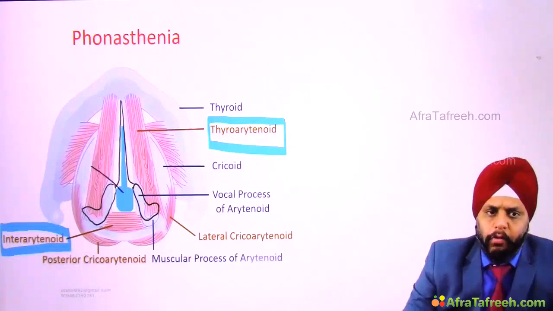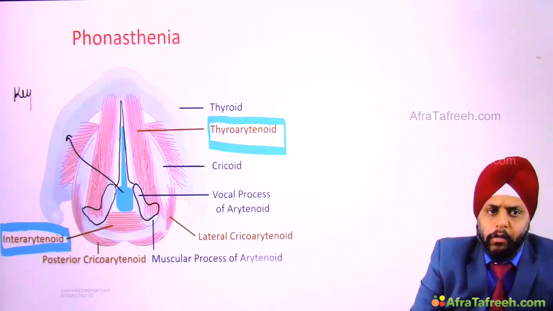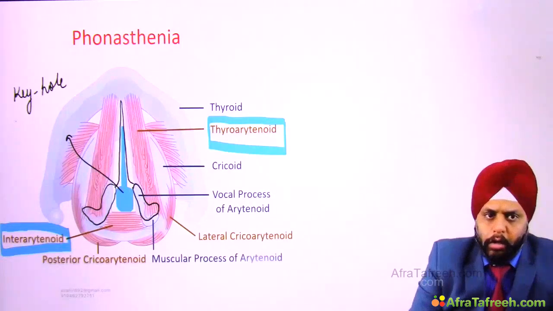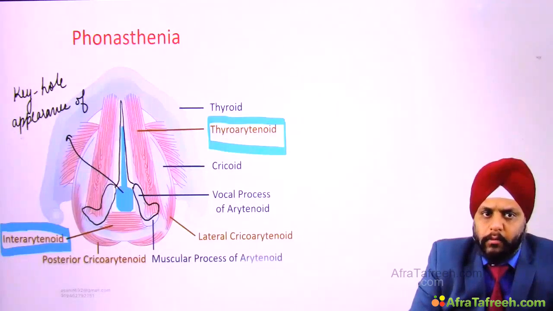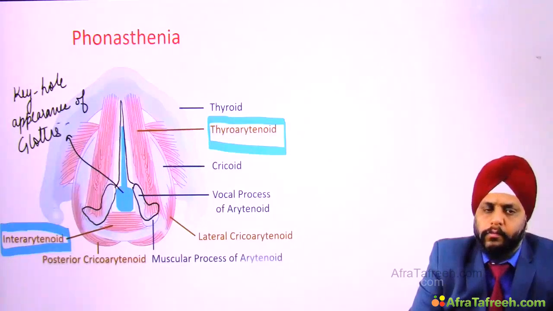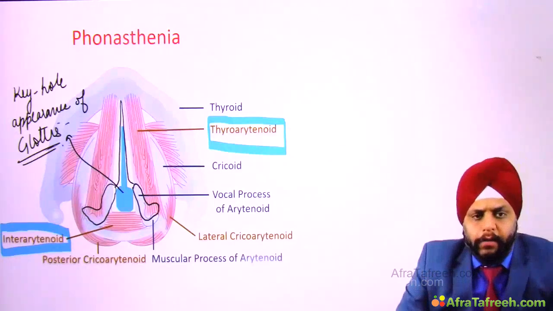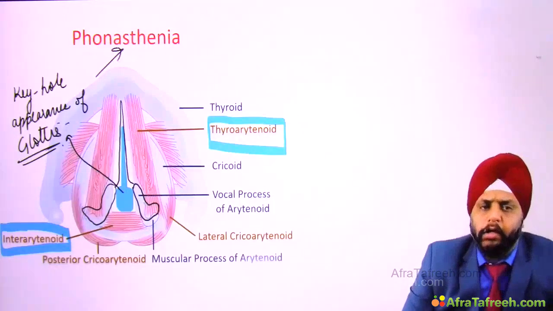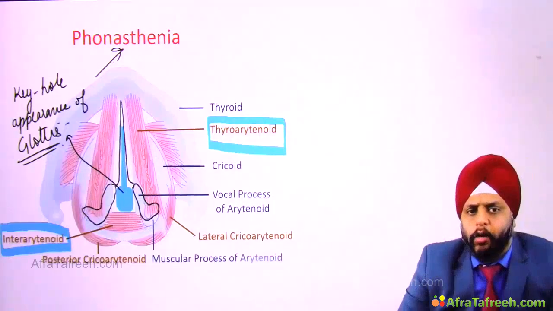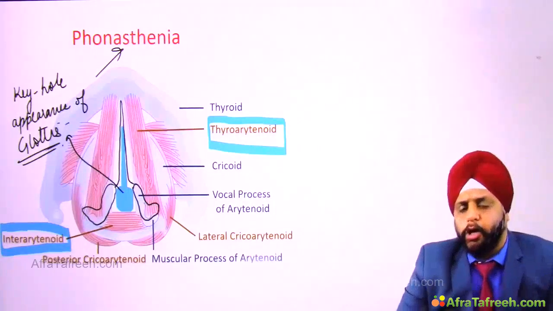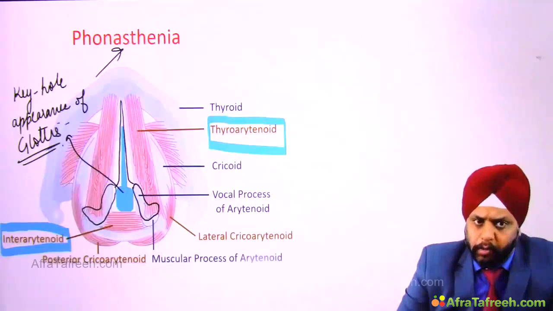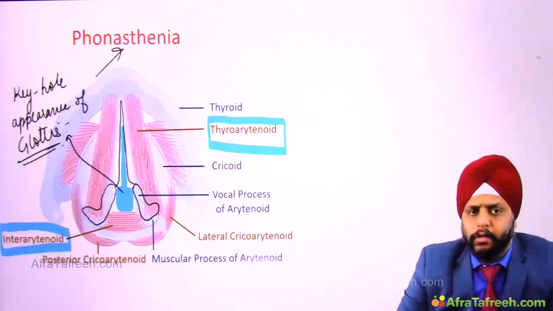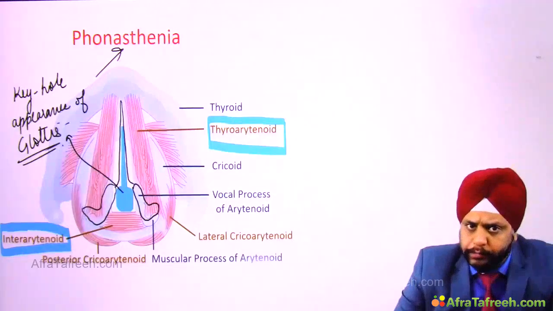So this is known as keyhole appearance of glottis, and it is seen in phonasthenia of both thyroarytenoid and interarytenoid.